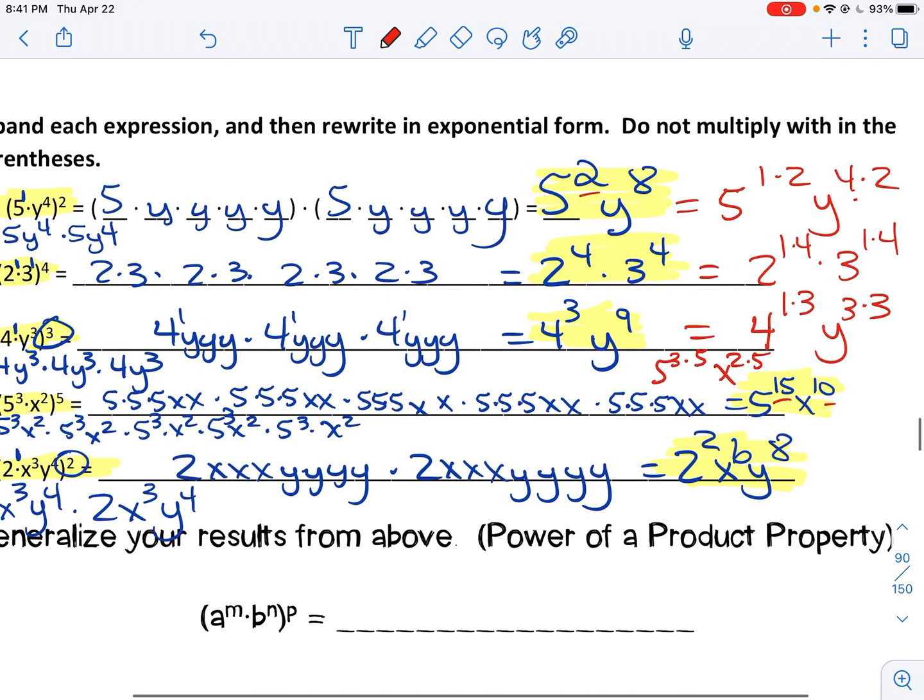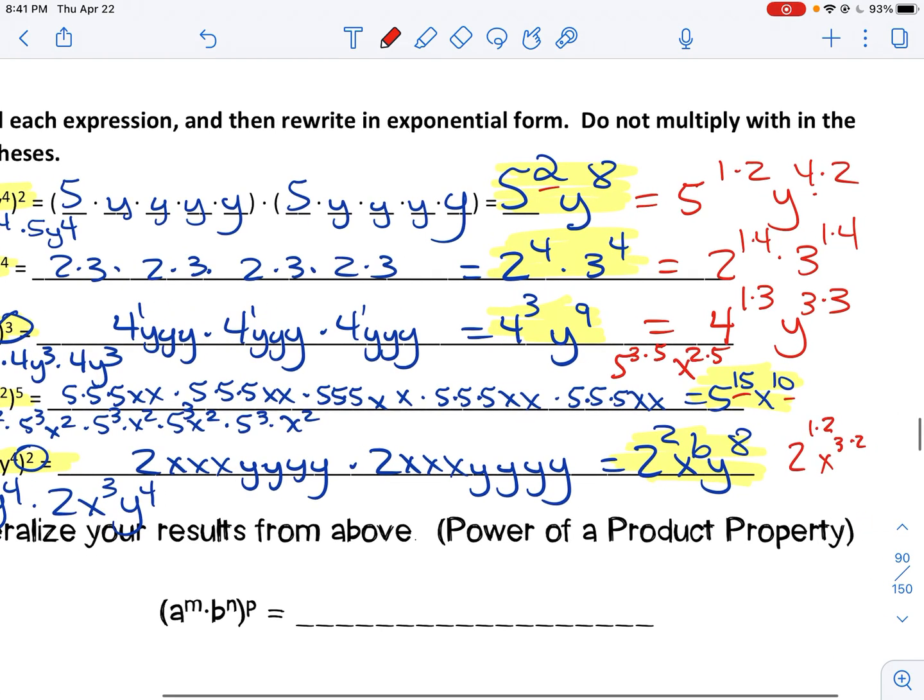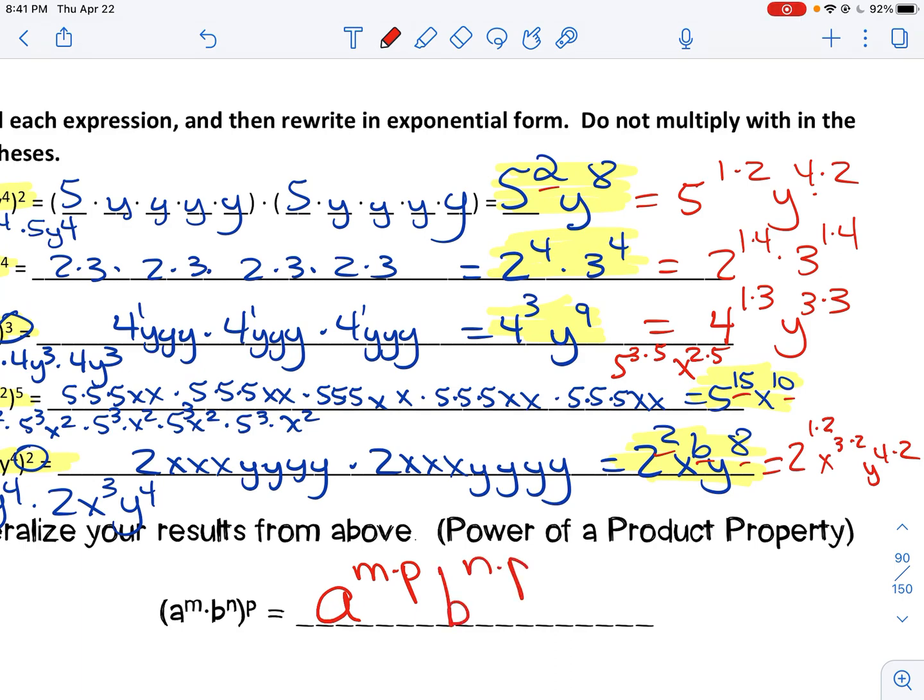And last, I would have 2 to the 1 times 2, x to the 3 times 2, and y to the 4 times 2. 1 times 2 gets this 2, 3 times 2 gets this 6, 4 times 2 gets this 8. So yes, they are equal. What this says is that I'm going to multiply the exponents.